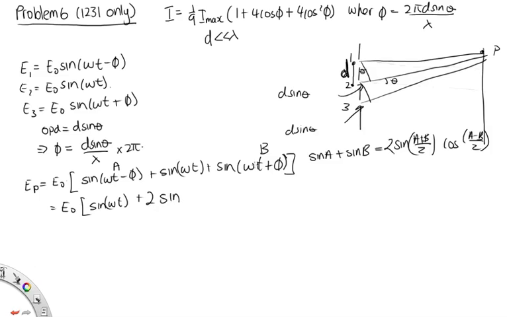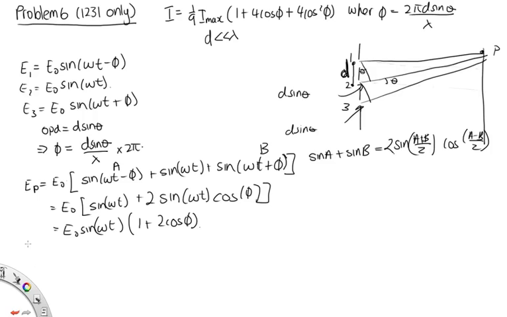Now when we add A and B, we get 2 omega t divided by 2, so this is omega t, times cos of the A minus B, so that's 2 phi on 2, so that's phi. So we can write this as E naught sine omega t outside of 1 plus 2 cos phi.